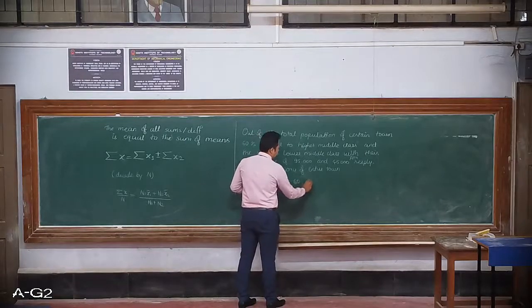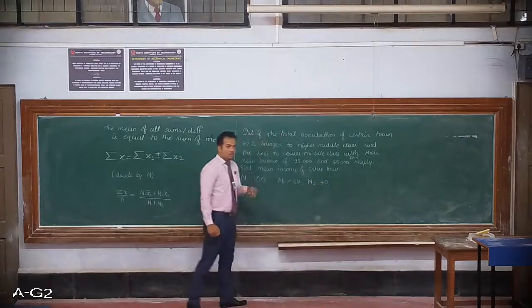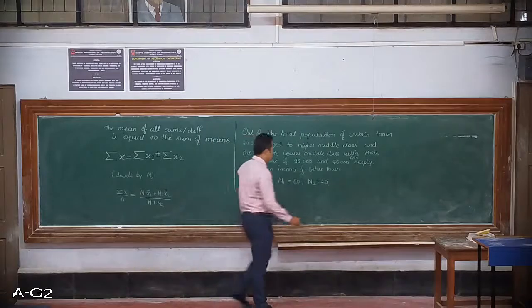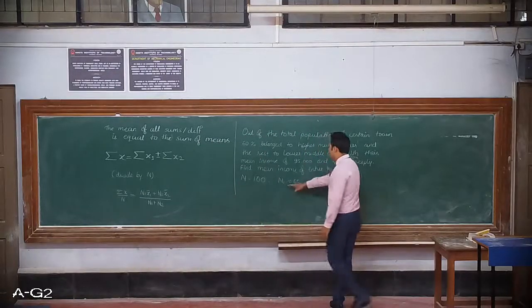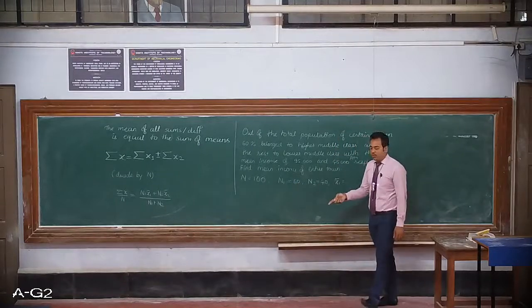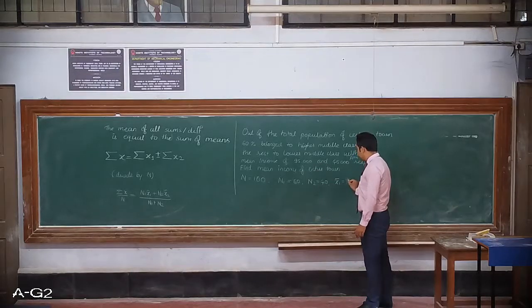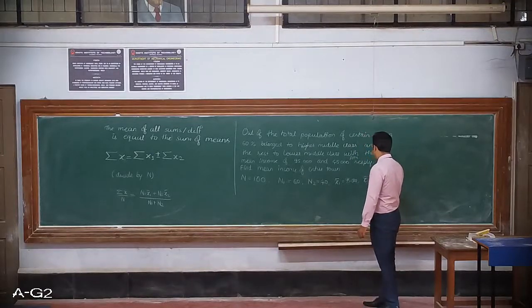Then n2 would be 40. These are the things we derived from the passage. The next thing is x1 bar. n1 relates to the 60% distribution, so x1 bar would be 95,000 and x2 bar would be 45,000.